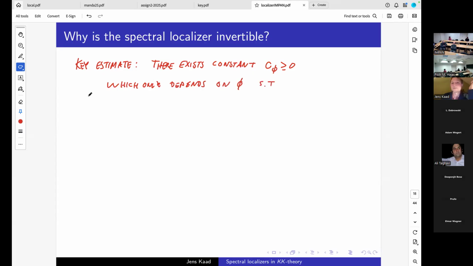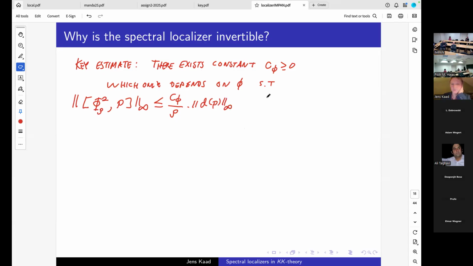such that when I compute the commutator between phi rho squared and my projection P, I can estimate the norm of this commutator. The operator norm is always less than my constant C phi divided by rho times the operator norm of the quantum derivative of P with respect to the abstract Dirac operator.